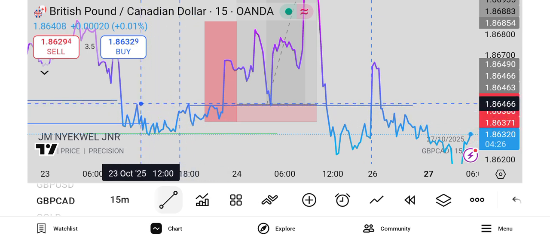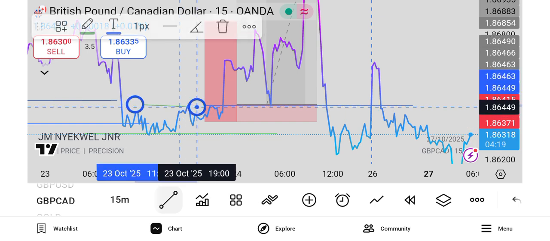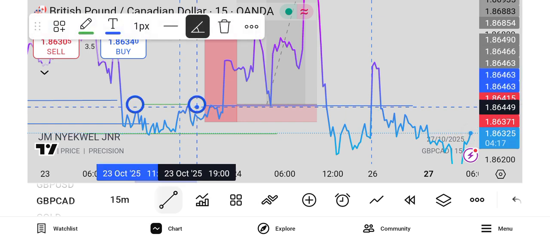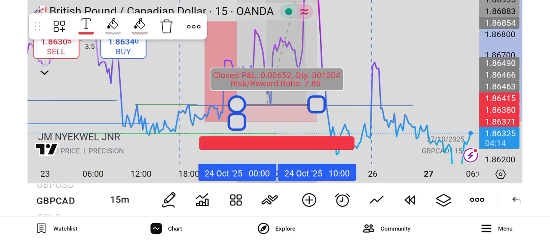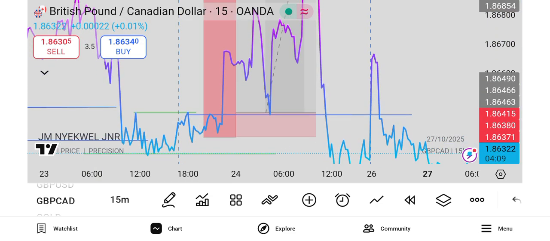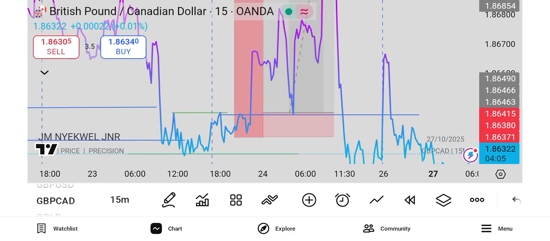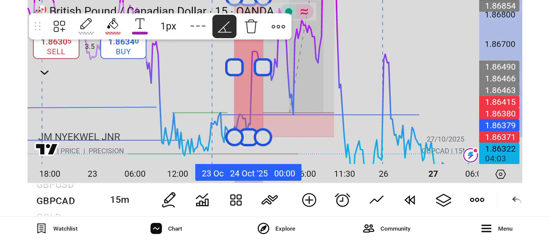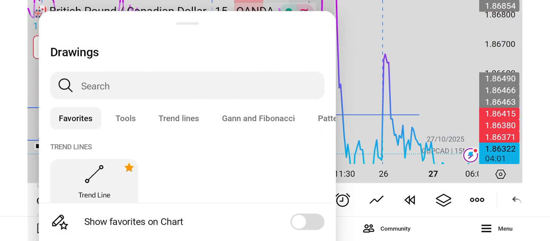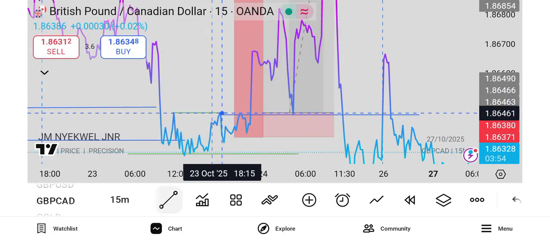So our first high was around here. There, you get it? There, you see? You broke it by small margin up here. That was our first high. That's the first break of structure. Then it tested back to here.